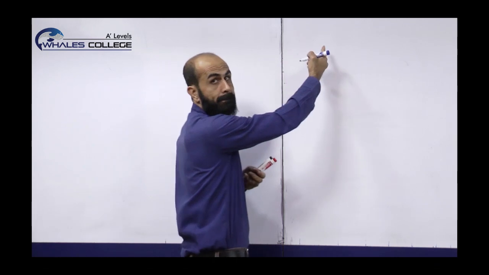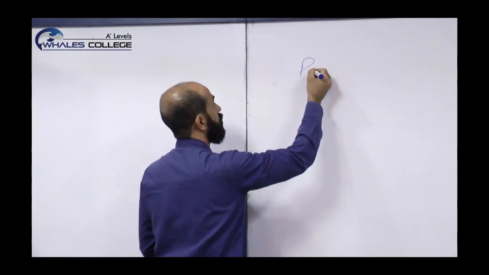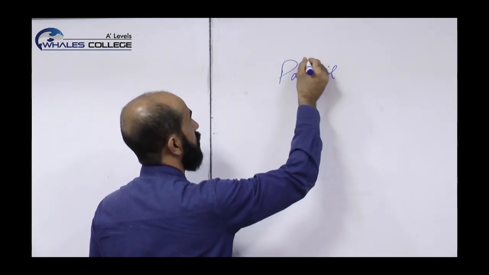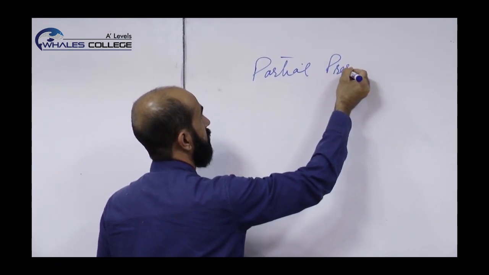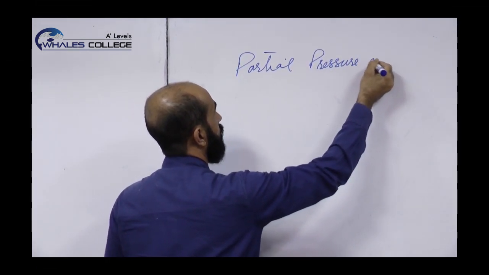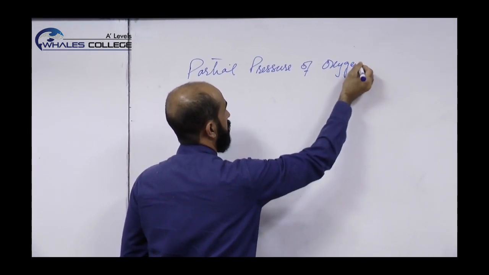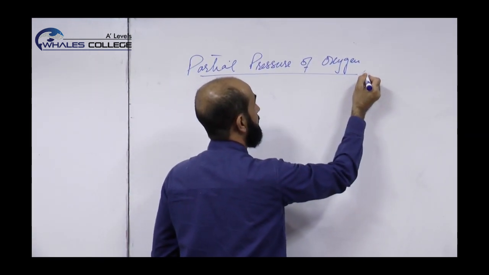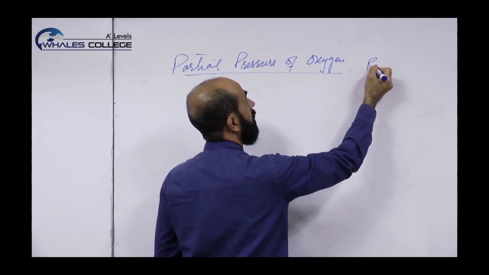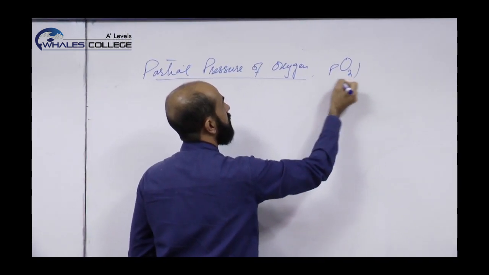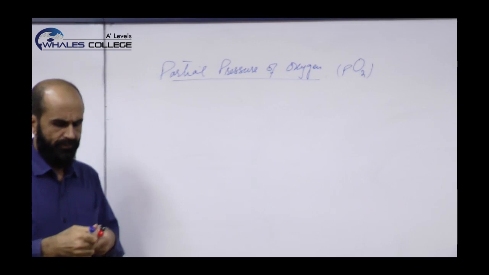So partial pressure of oxygen. We just write it in the symbol like PO2. It means partial pressure of oxygen.